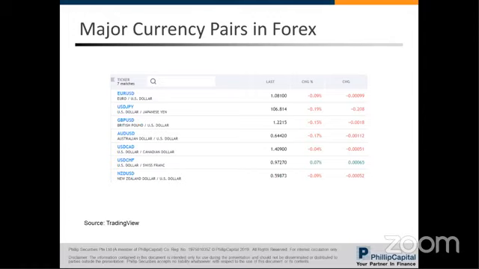As we see, there is EUR/USD, followed by USD/JPY, where people use the Japanese yen as a safe haven currency to hedge their cash in case of adverse news in the market. We also have the British pound and other currencies you can see here. You will notice that the currencies under these major currency pairs are from developed economies.